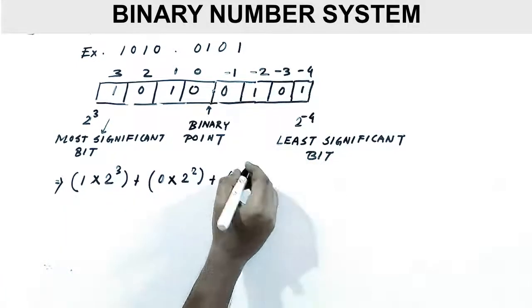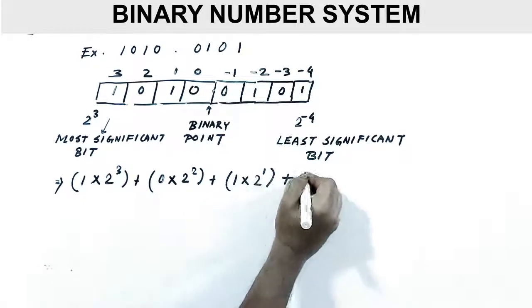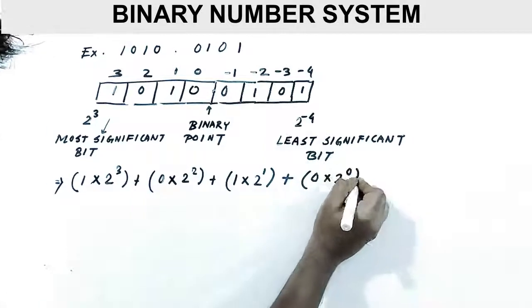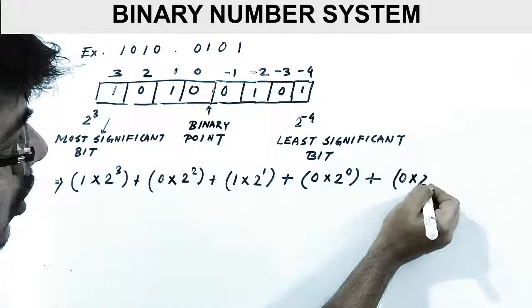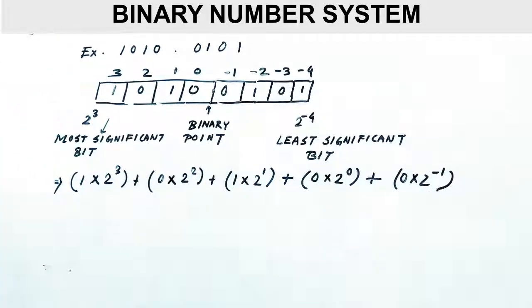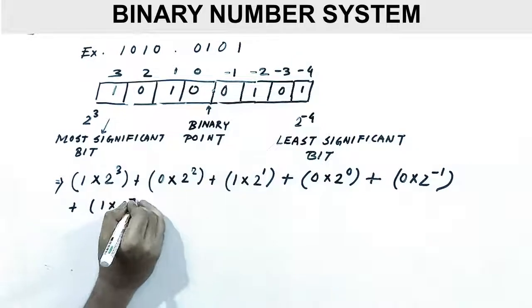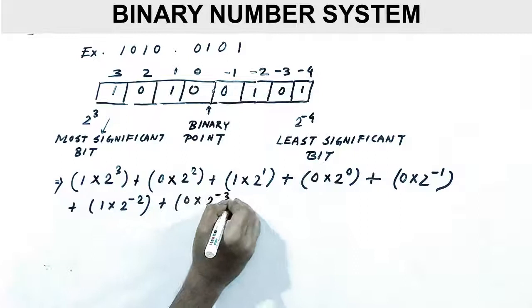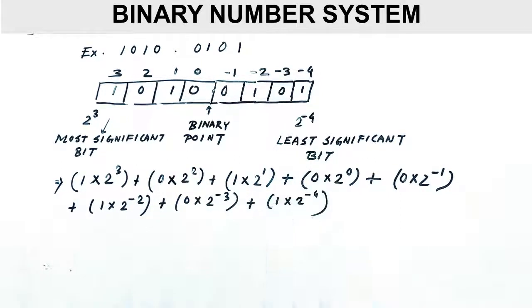Next, 1 into 2 to the power of 1, plus 0 into 2 to the power of 0, plus 0 into 2 to the power of -1, plus 1 into 2 to the power of -2, plus 0 into 2 to the power of -3, plus 1 into 2 to the power of -4.